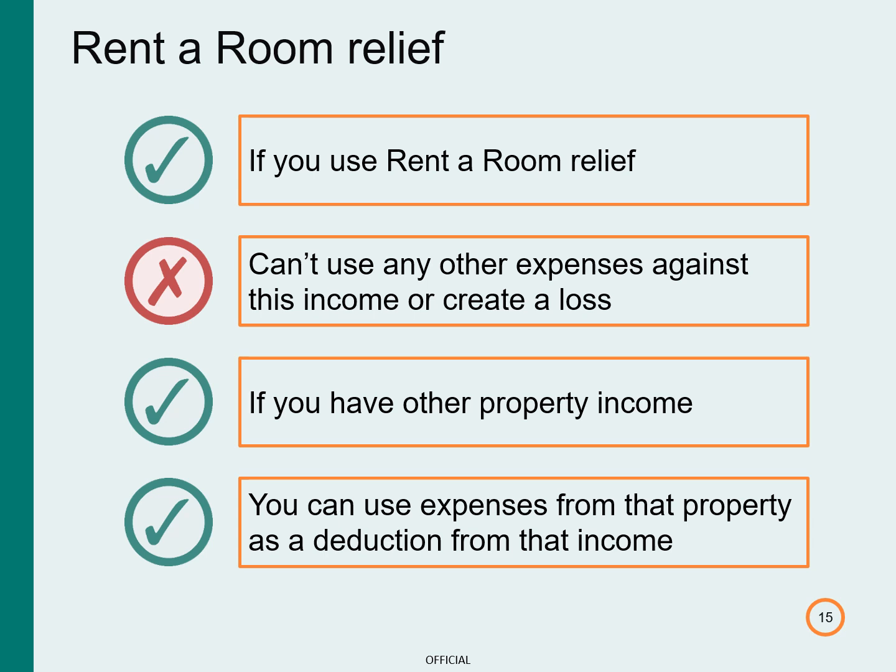If you use rent-to-room relief, you cannot use any other expenses against this income or create a loss. However, if you have other property income, you can use the expenses you've incurred for that property as a deduction from that income. Let's look at an example.